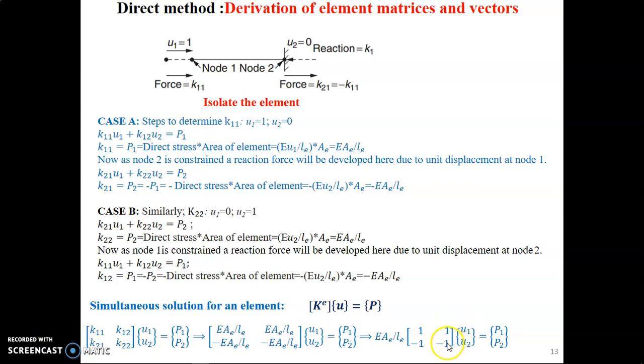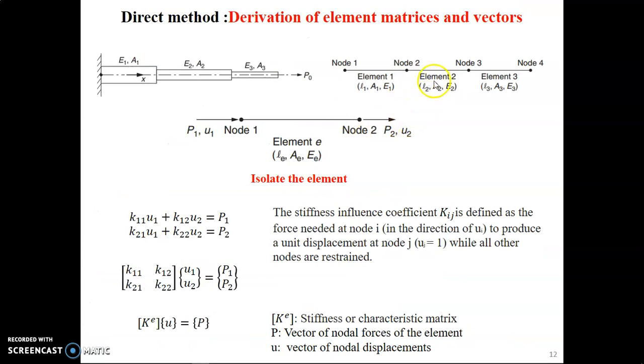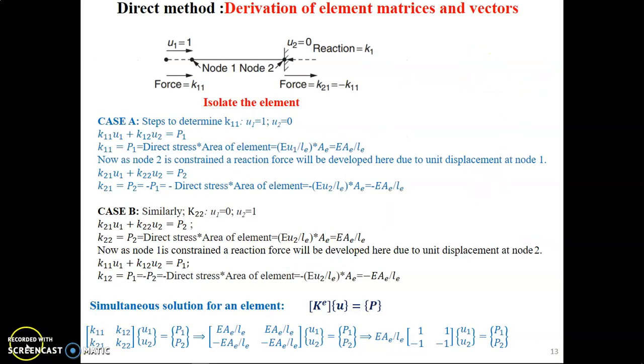Okay, there is a mistake here. This term is positive and this is negative. So I will correct it, and then we will have the displacement matrix, and finally the load matrix for the first element. Similarly, we will be developing the matrix for the second element and the third element. The second element will be connecting nodes 2 and 3, and the third element will be connecting nodes 3 and 4.